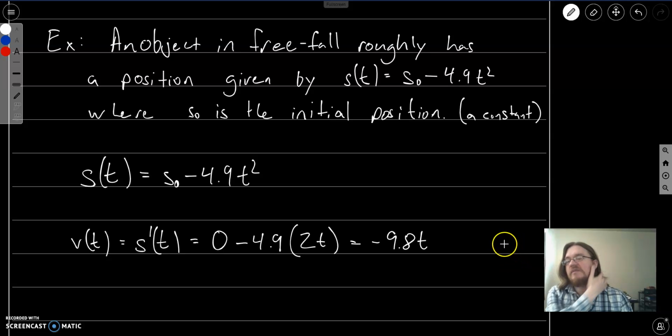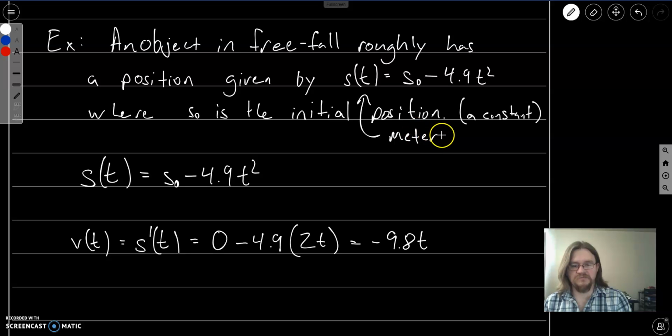One other thing to keep in mind is that position and velocity are measured in different units. So it's important to keep in mind what these units are. I don't specify units up here, so let's say in hindsight that our position is measured in meters. So our position is s naught minus 4.9 t squared meters.